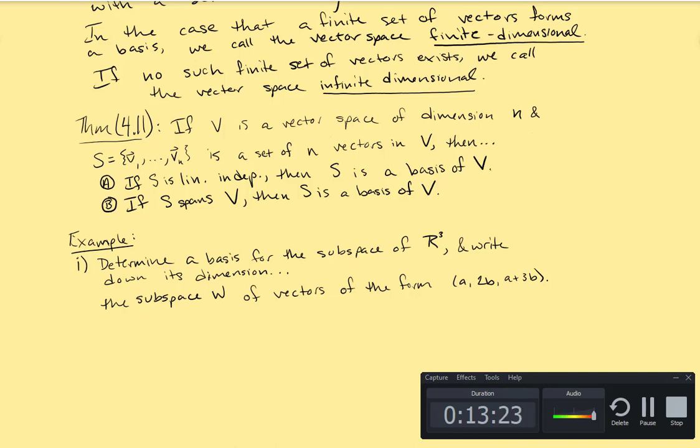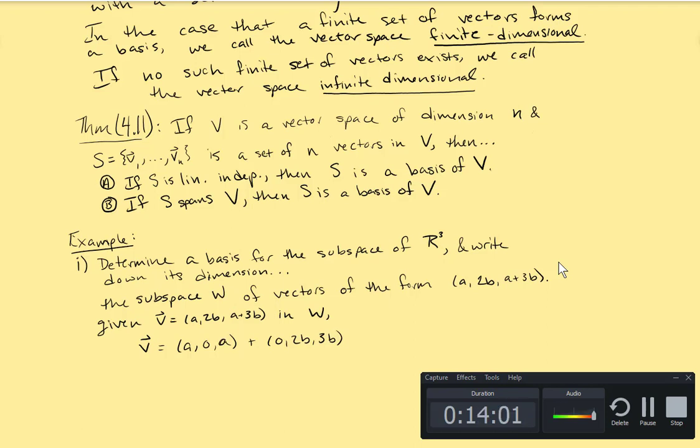The subspace is all vectors of this form here, so notice we can say given a vector of this form in this subspace W, we can write it by splitting up the A and B parts. What we get from the previous line does expand into this form.